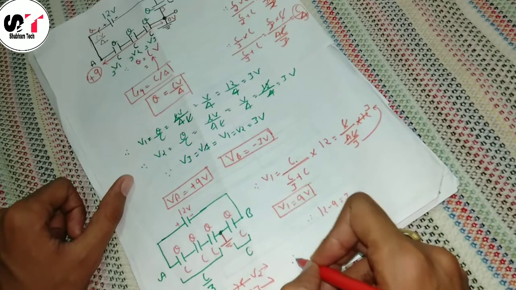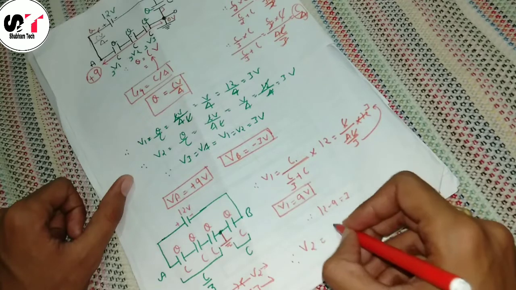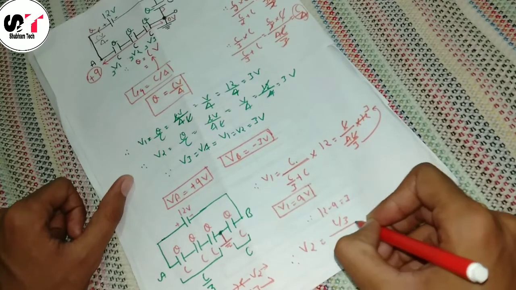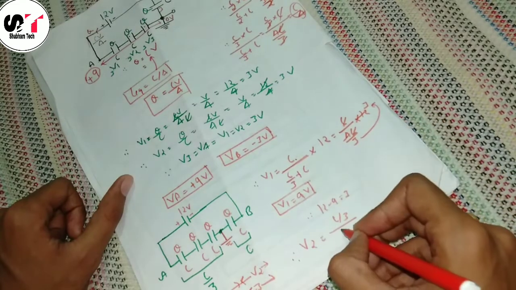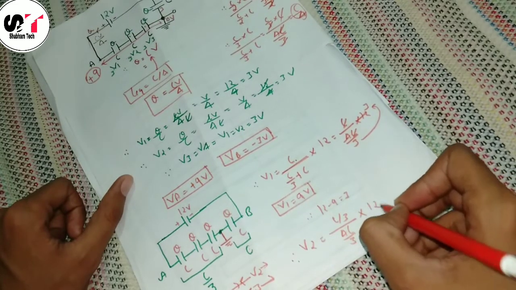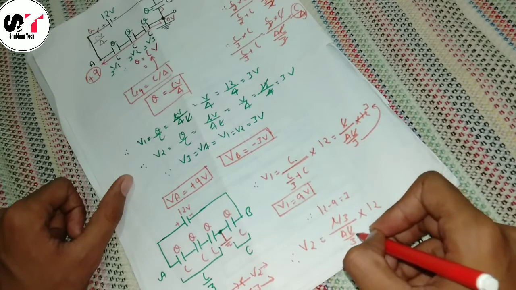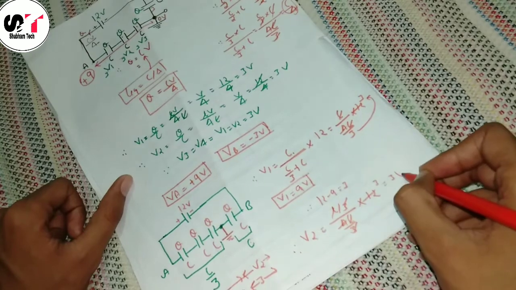Now let's solve mathematically. V2 is how much, means C by 3 divided by C by 3 plus C, which is 4C by 3, into 12 volt, means C cancel out, 3 cancel out, 4 3s are 12, equal to 3 volt.